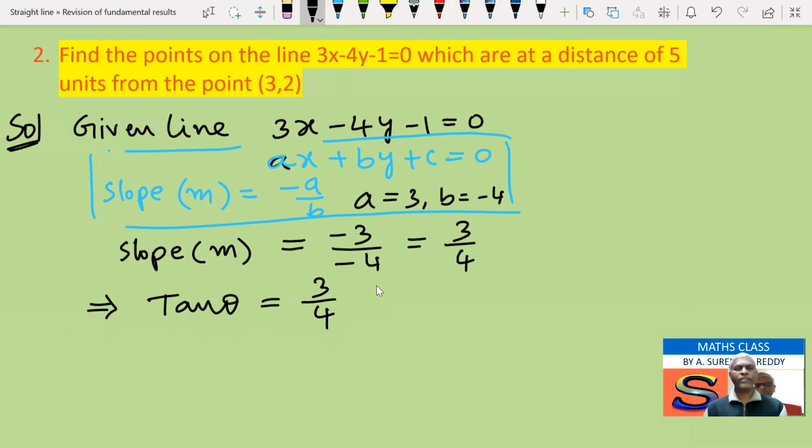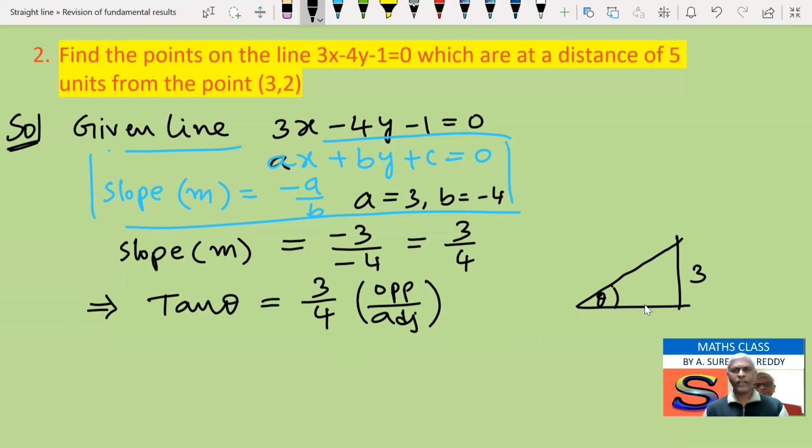The ratio tan is opposite by adjacent. If you take a right triangle, the ratio tan theta is opposite side 3, adjacent side 4, and the hypotenuse is under root 3 square plus 4 square. By using Pythagoras, we can find the hypotenuse of the right angle triangle.